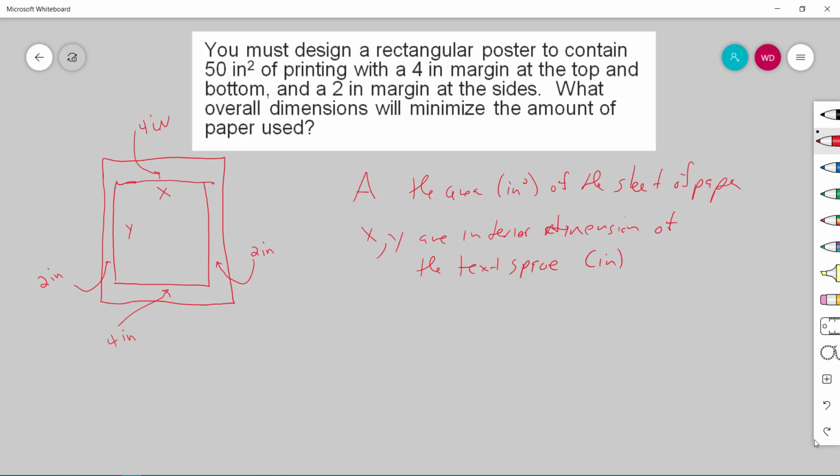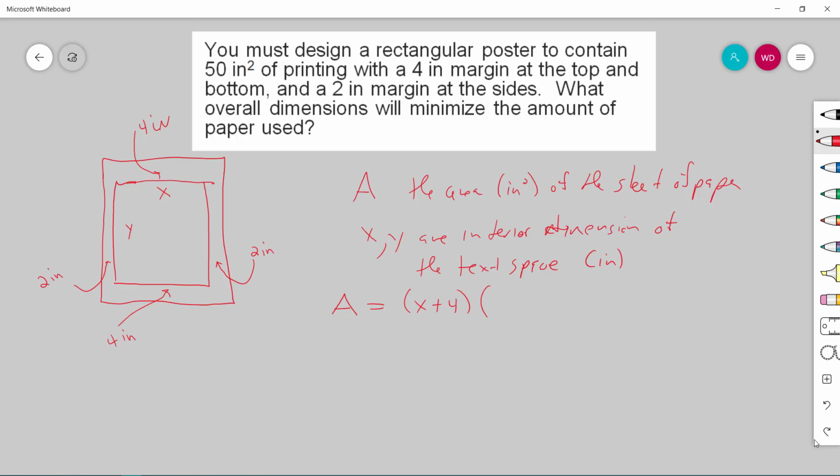Well, obviously, the amount of area used for the whole paper would be this distance from this edge to that edge. So that is 2 inches, x, and 2 inches. So x plus 4 is one dimension of this piece of paper.